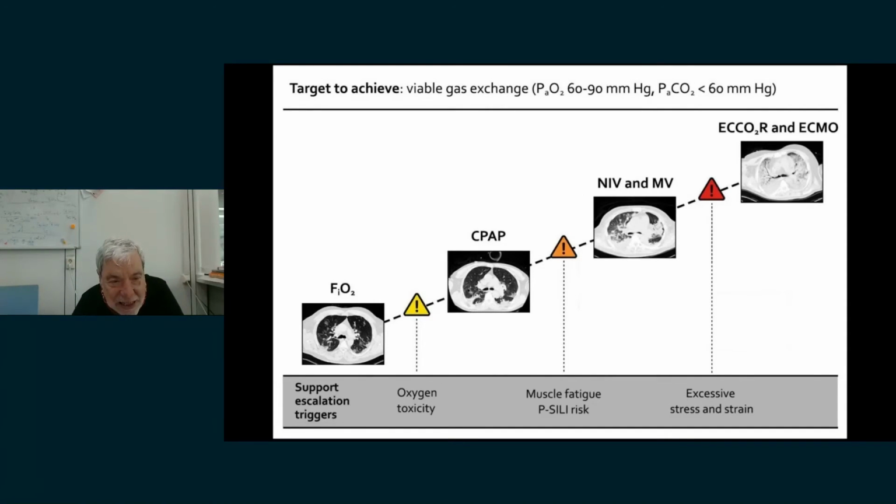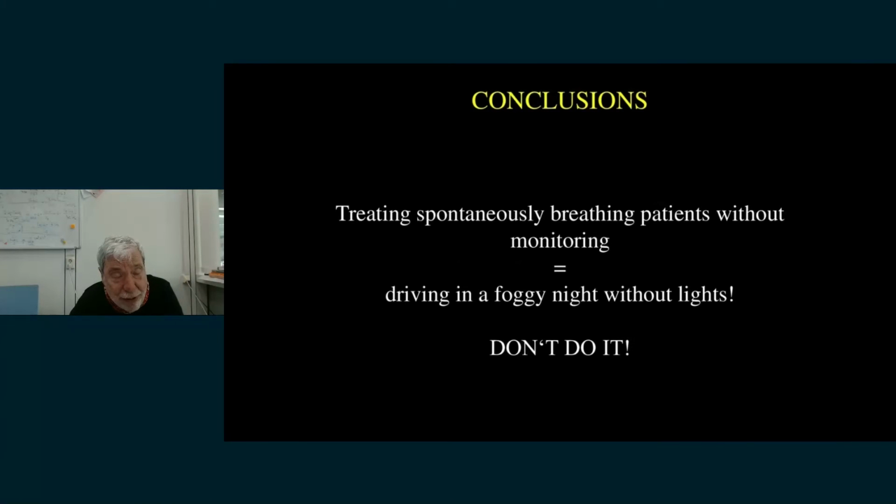But we have this tremendous lack that I'm grateful to Experience, which may cover, at least in part, this problem. And my conclusion is that treating a spontaneous breathing patient without monitoring is like driving on a foggy night without lights and without knowing where to go. Thank you for the attention.